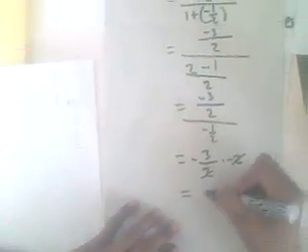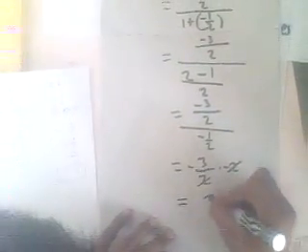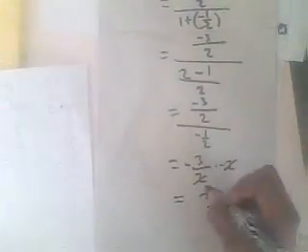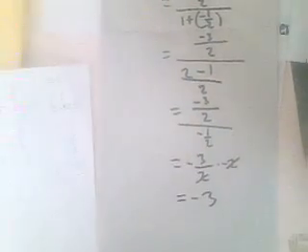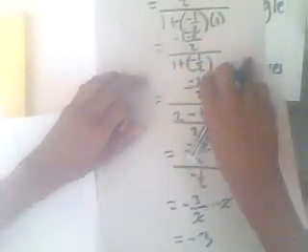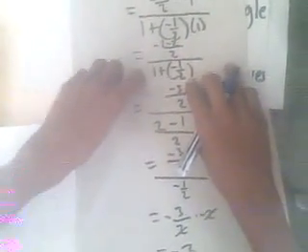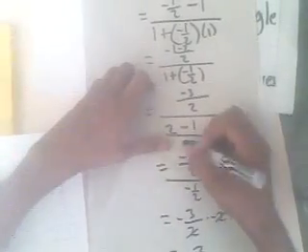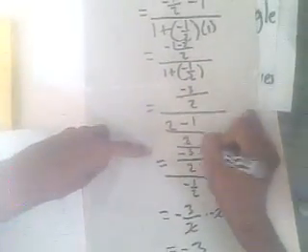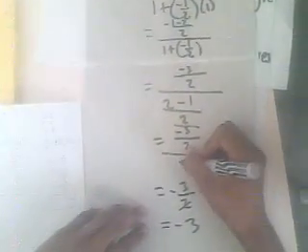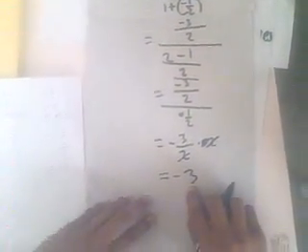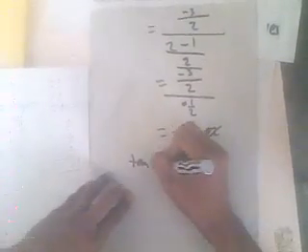Oh, sorry, we got a problem here. 1 plus negative 1/2 is not 2/3, it's positive 1/2. So we get positive 2 here. We got now negative 3 as tangent phi.